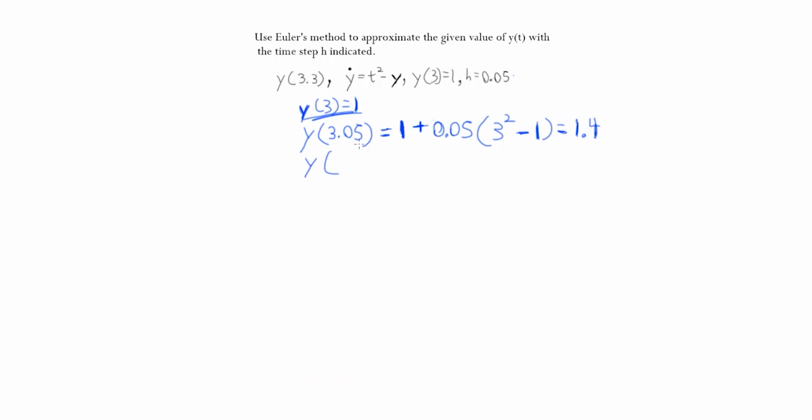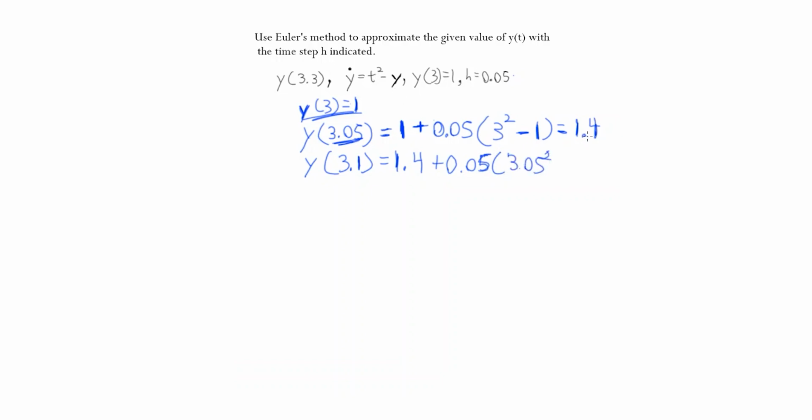And then add 0.05 to this 3.05, which will give you 3.1. As you can see, we're stepping our way all the way to 3.3. So the previous value is 1.4 plus the h value, 0.05, multiplied by the previous slope. We plug in the t from here, which gives us 3.05 squared.